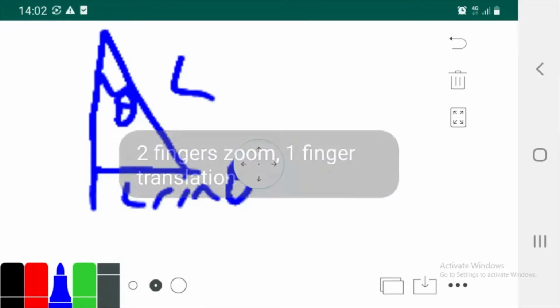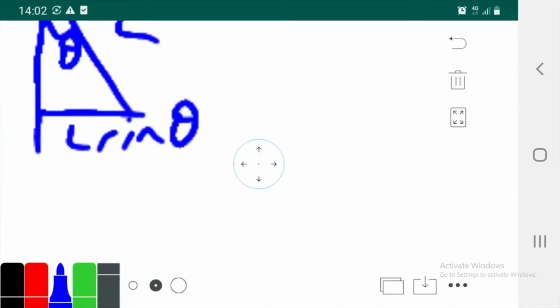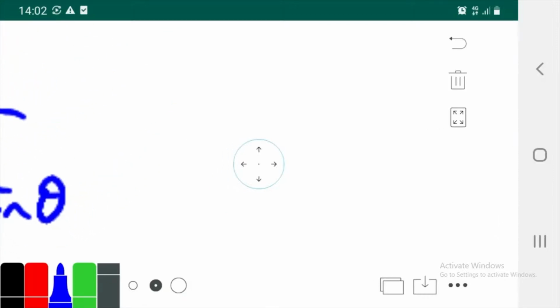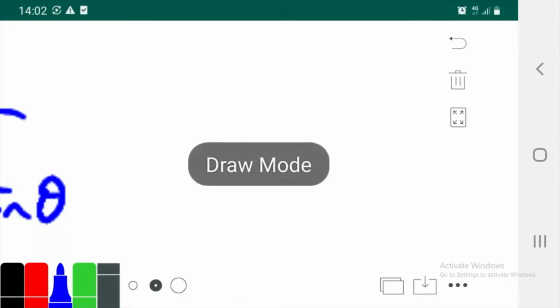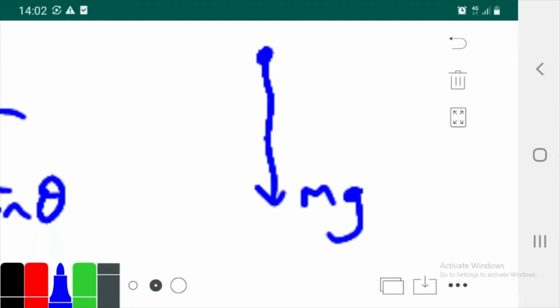Now, let's think about the force. Let's think about the force on the end of the pendulum. If this is the end of the pendulum there, it's going to have mg, its own weight, pulling it down. Now, not all of that force, or the weight, is going to be acting in the direction of the object's travel.